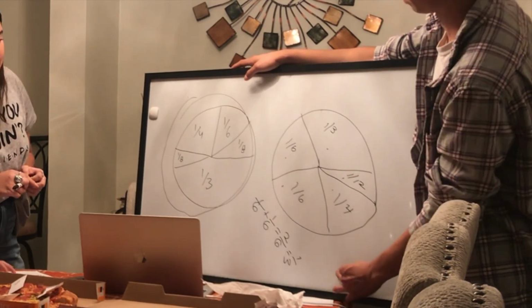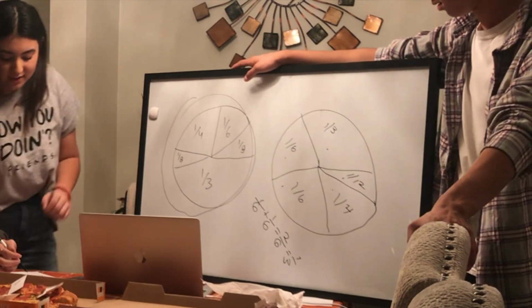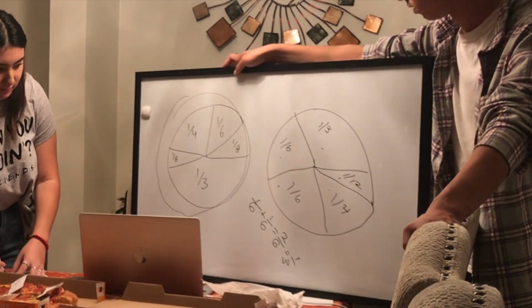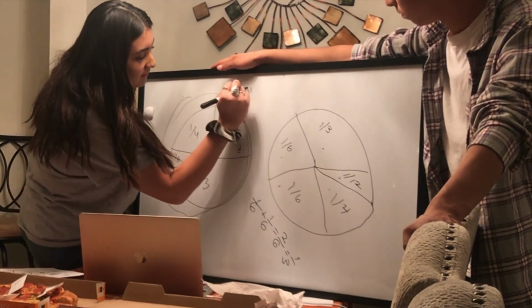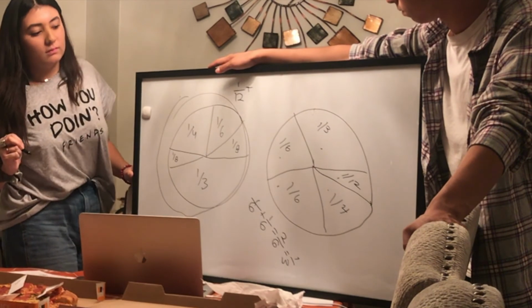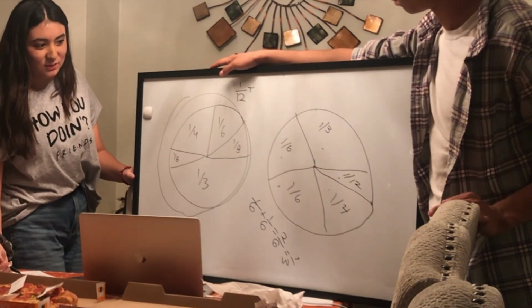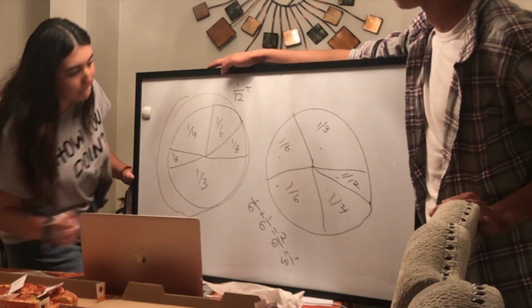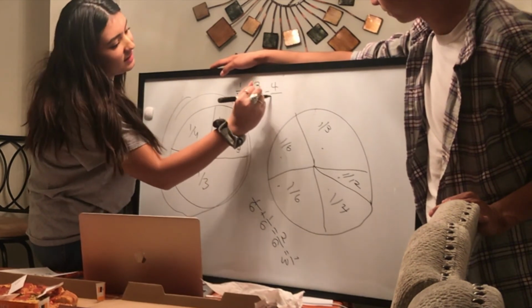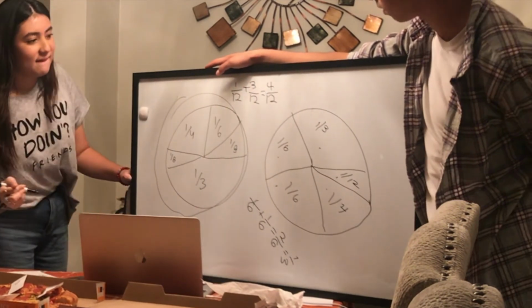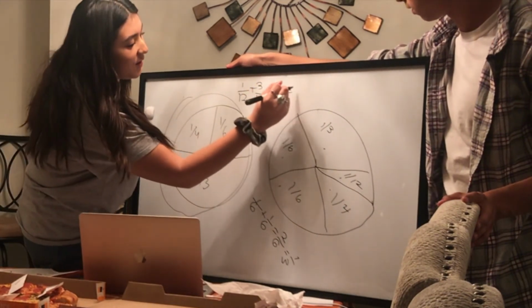So you get 1/12 plus 3/12. Yeah, because 1/4 is 3/12. And then that's 4/12, and you can simplify that to 1/3.